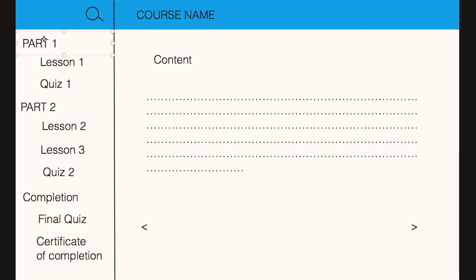So a part could be a unit, could be chapters, or you can use any type of nomenclature. You have the content in this section, and then you have previous and next buttons to navigate between different components.